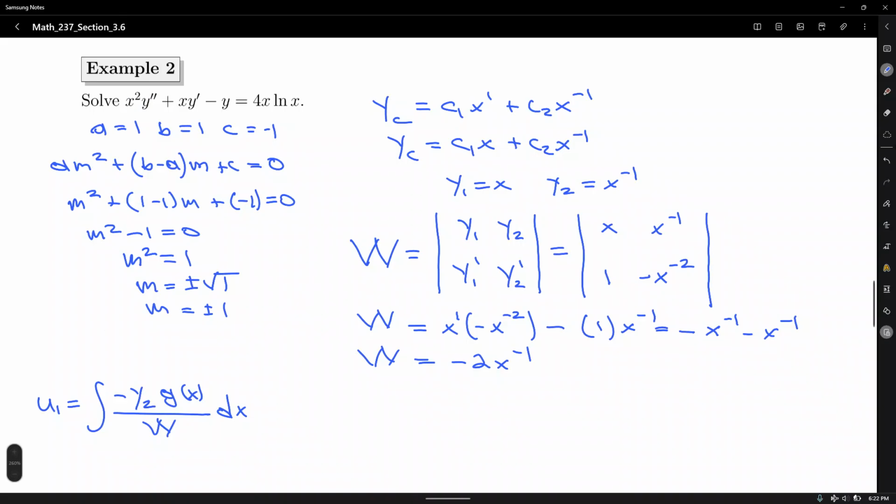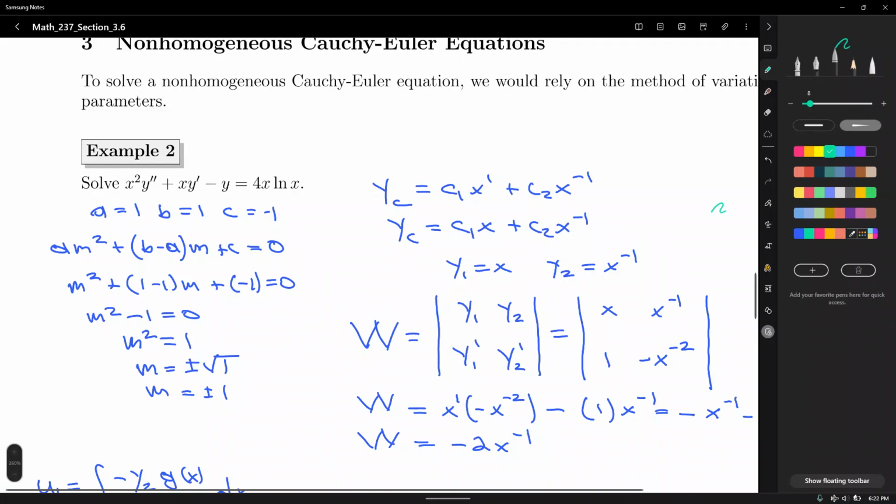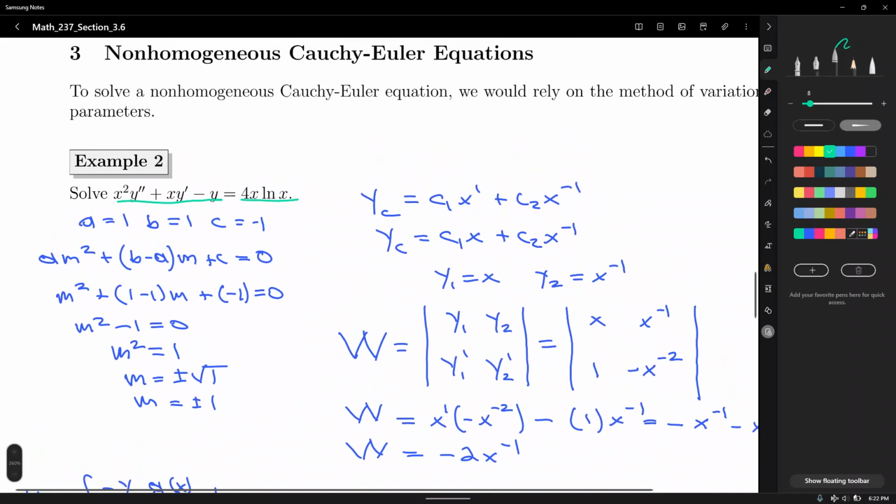So we did this based on the form of the equation y double prime plus p y prime plus q y equal to g, right? That means we didn't have anything multiplying the y double prime. So to get the correct forcing function g of x that is going to get input into u1 and u2, we need to divide both sides by what multiplies the y double prime term, so x squared.